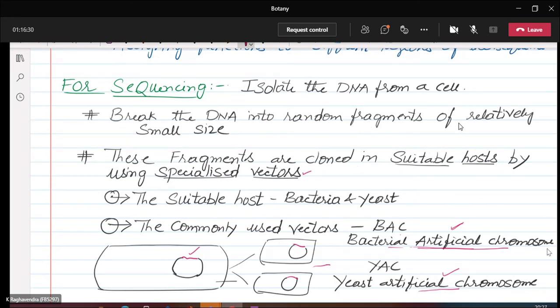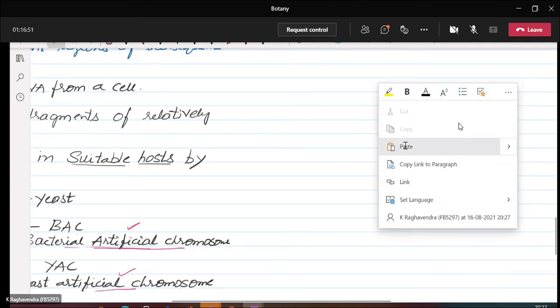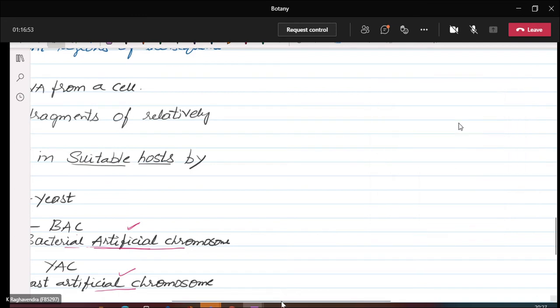What is BAC? Bacterial artificial chromosome. What is YAC? Yeast artificial chromosome. Why do we use bacteria and yeast? They are small in size and replicate faster.